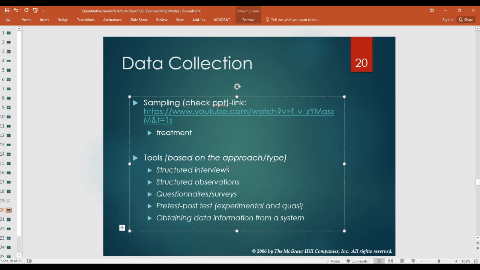Okay, surveys and questionnaires. In qualitative, we call them mainly questionnaires, and in quantitative, we call them surveys. In questionnaires in qualitative, you are not numerically collecting the data, you're just interpreting what you can interpret from the answers in the questionnaires.